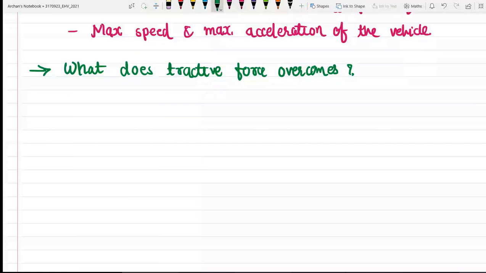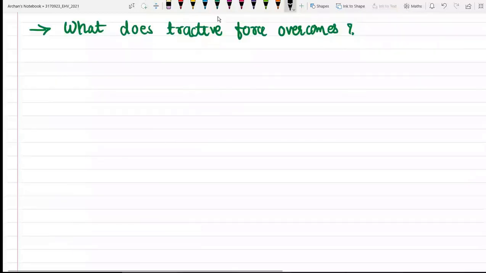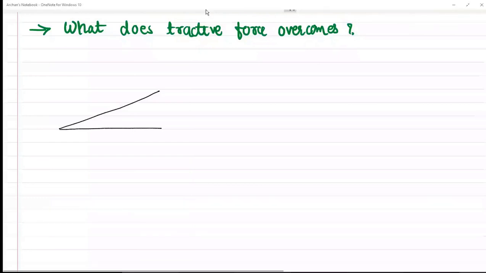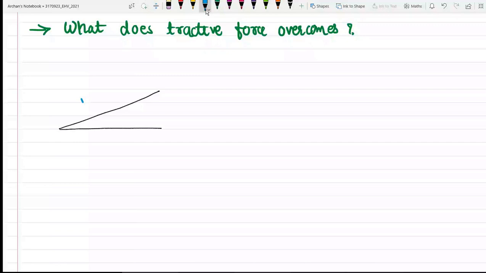Let us go back to one simple figure where we have one typical road. There is one vehicle moving in the upward direction, and this is my angle theta.